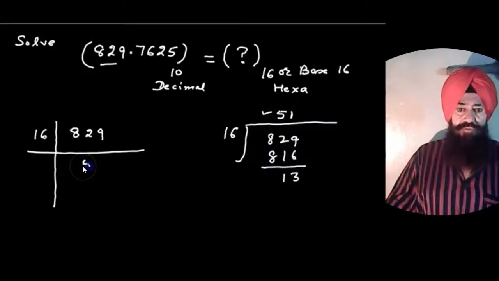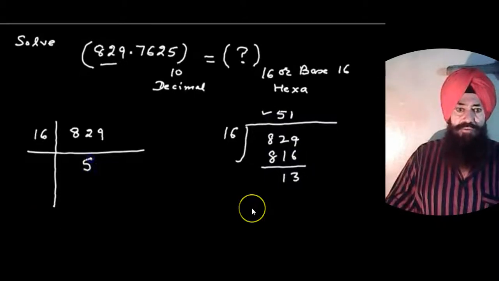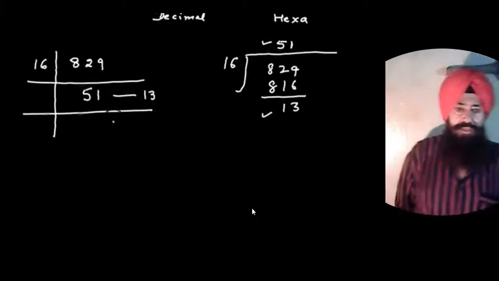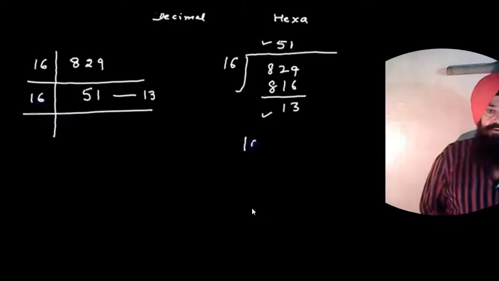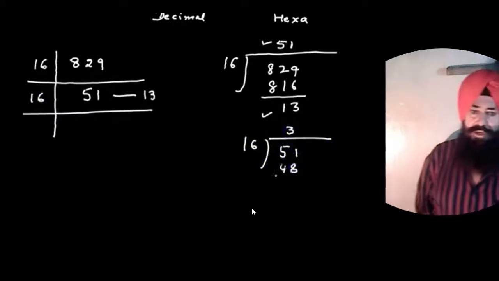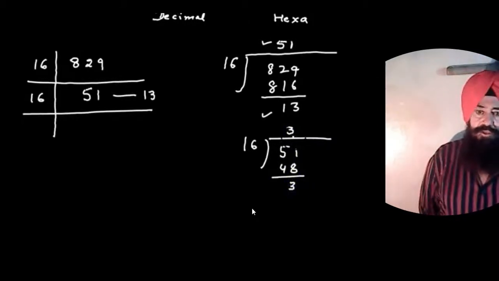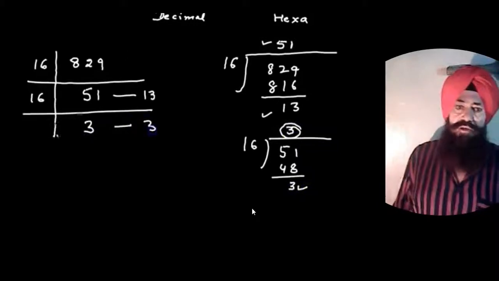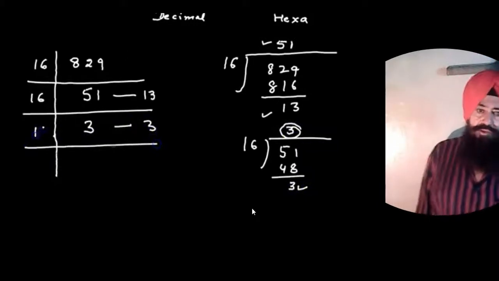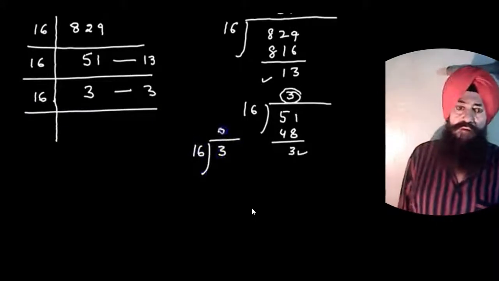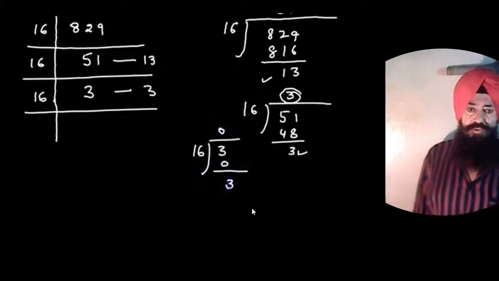So we write 51 here, remainder is 13, and again dividing 51 by 16. So 51 divided by 16, you will get 3, remainder is 3 again. So 3 here and 3 here. Now divide 3 by 16, you will get 0 and remainder is 3.